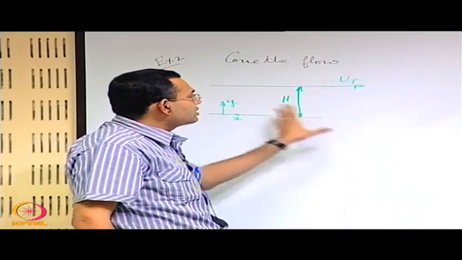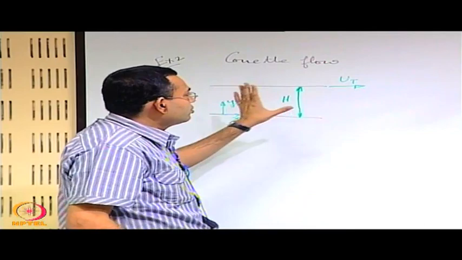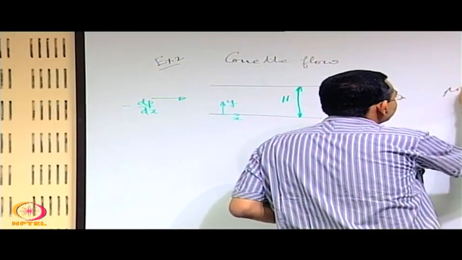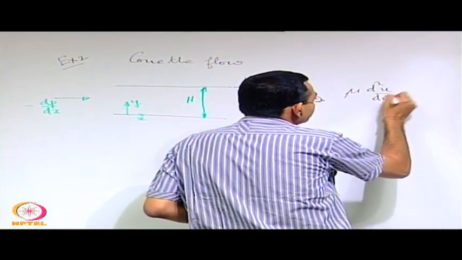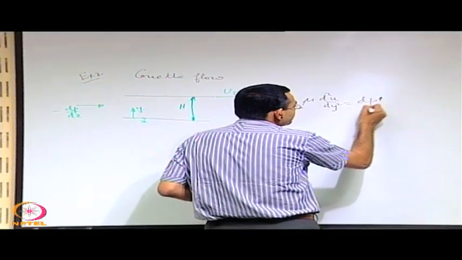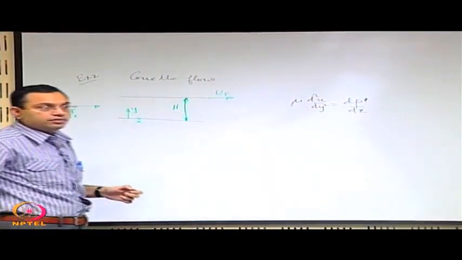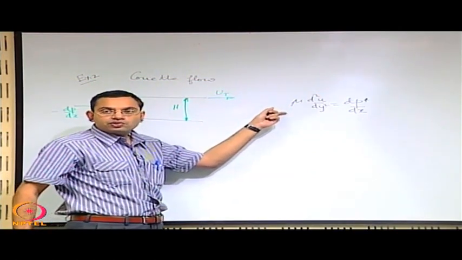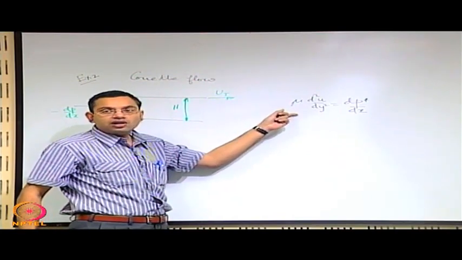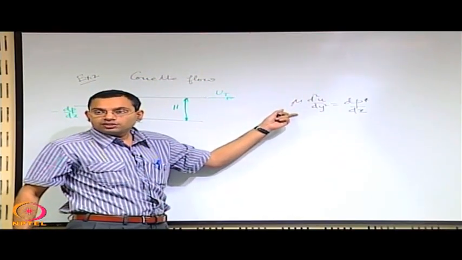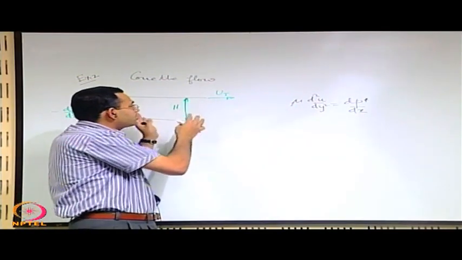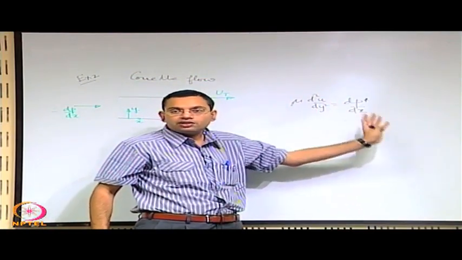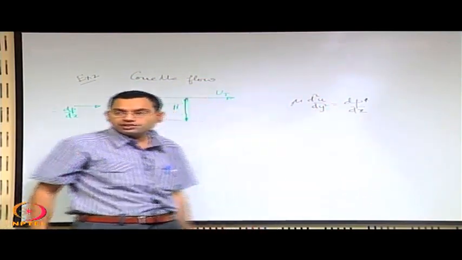With all these considerations, we have seen that you can write the equation of motion as mu d2u dy2 is equal to dp star dx, right. That was there for the plain Poiseuille flow problem. For this problem it does not change, because what has changed is the boundary condition. Whatever is there within the domain of the problem, no special effect has come into the picture or gone away. So the governing equation remains the same.